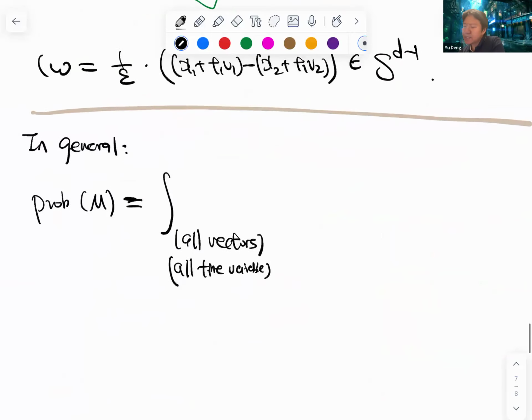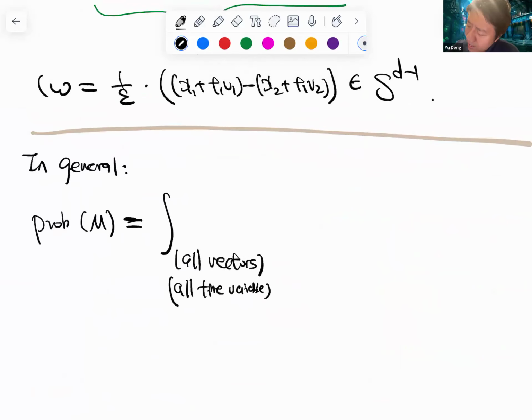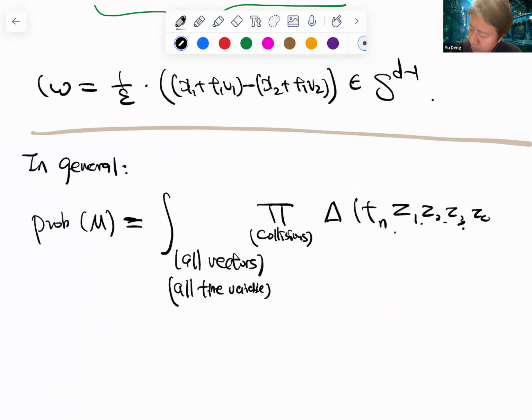But okay, so then we have this delta, all collisions, delta of t n z1, z2, z3, z4. So this is the collision time, and these are the vectors, the velocities, let's say, at the collision.